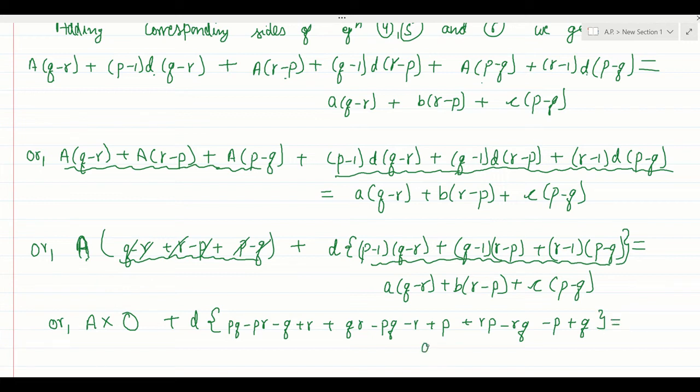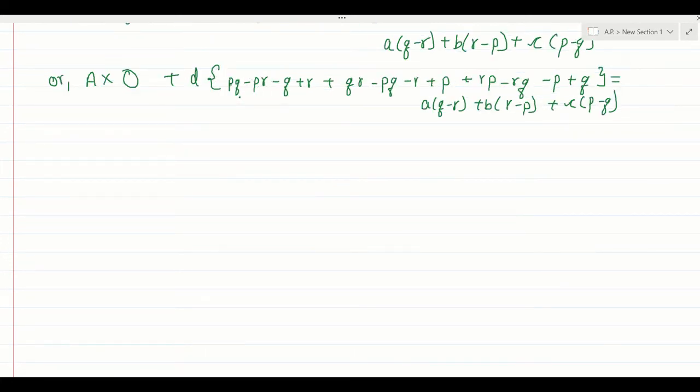The right hand side is a(q − r) + b(r − p) + c(p − q). Is this clear? Okay, after this, you can check inside this bracket. We have plus pq and minus pq cancelled.